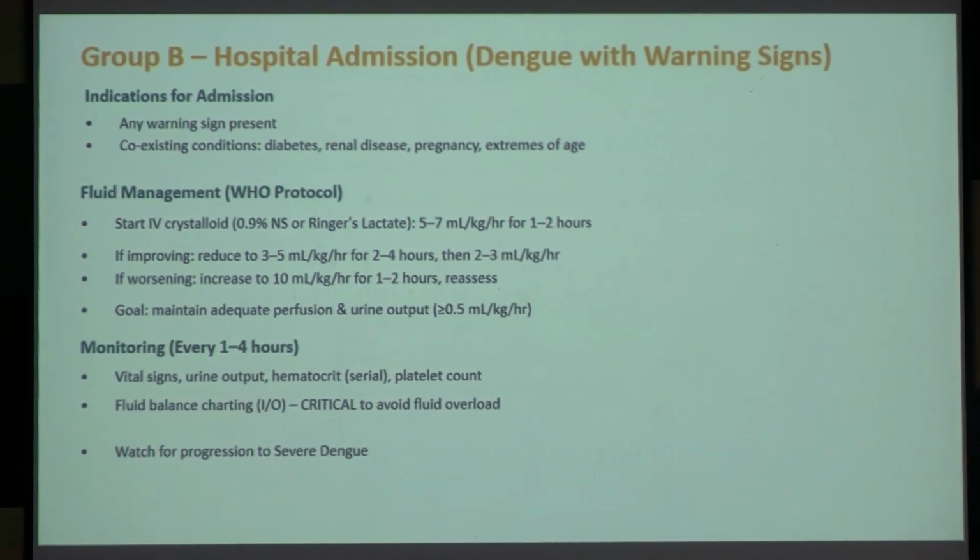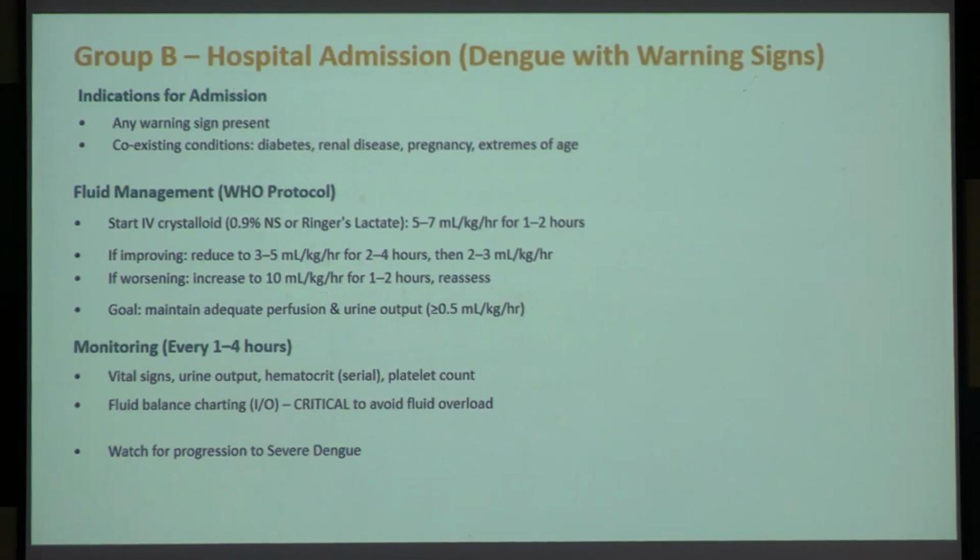After 2 hours, assess whether the urine output is adequate, whether the capillary refill time is adequate or not, and BP is adequate or not. If this is adequate, then you can reduce the fluid to 3 to 5 ml per kg per hour for the next 2 hours. And if it is not adequate, then increase the volume by 10 ml per kg per hour.